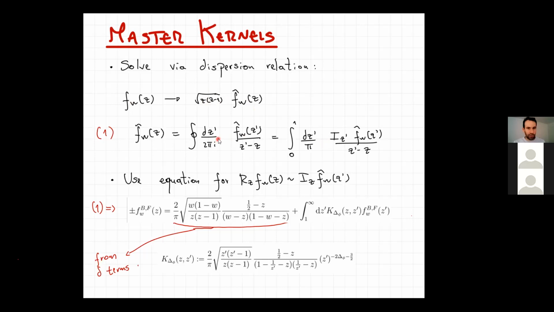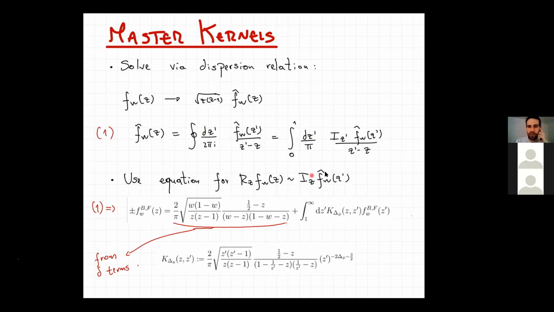And now we just use Cauchy's theorem. In terms of this f hat function, we just write down the Cauchy's formula. And now we deform the contour to pick up the discontinuities of f. And we know that f only has discontinuities between 0 and 1.